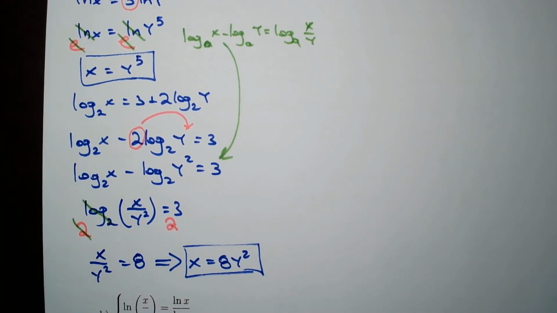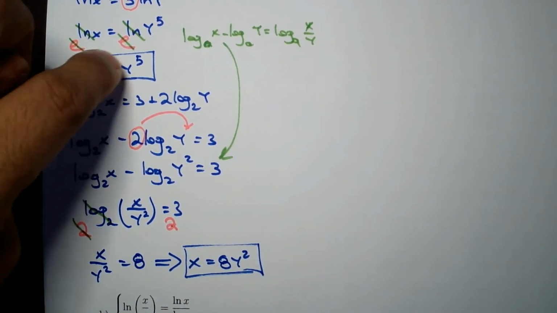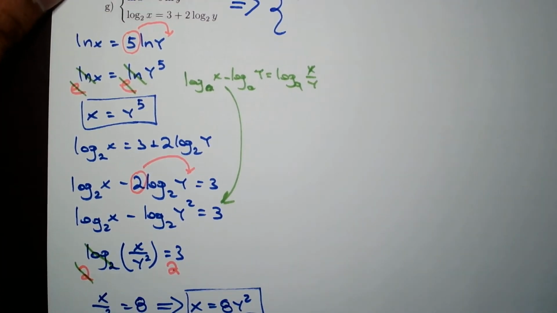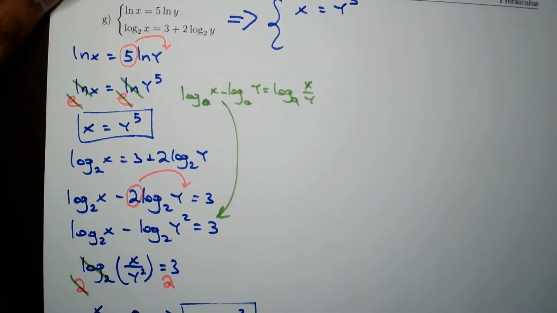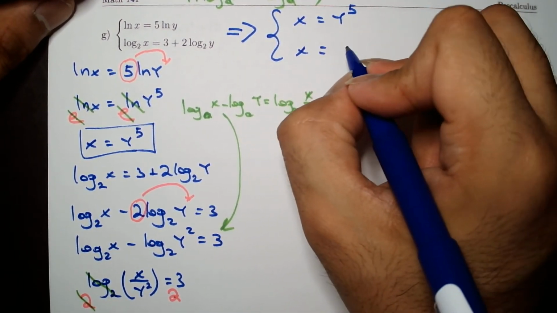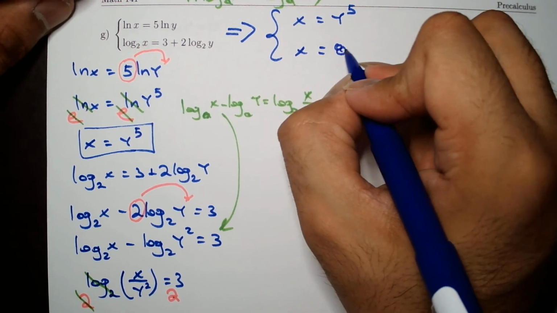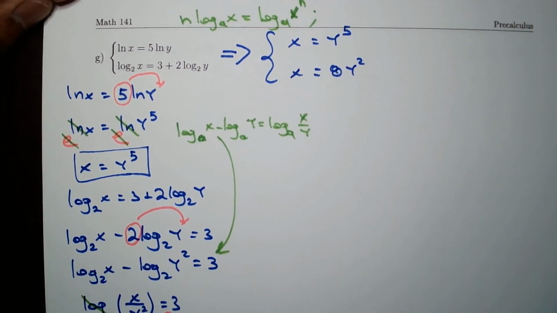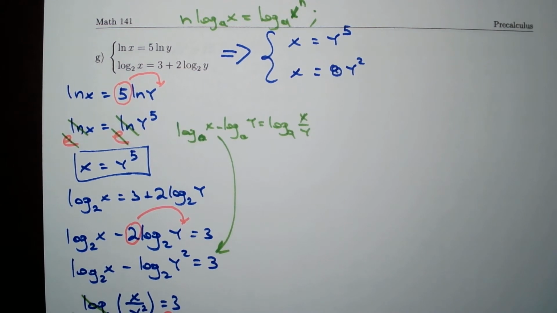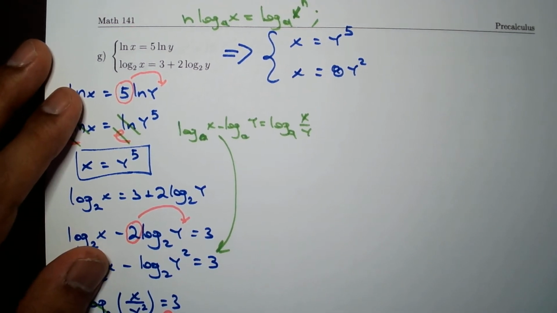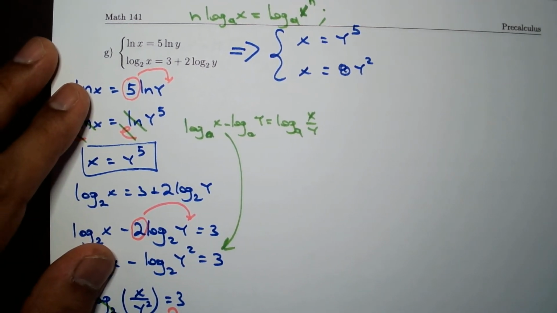So x equals y squared, and x equals y to the fifth. So the second equation of the system will become x equal to 8y squared. All right. And so what are we going to do? Well, in this case we can take different alternatives.